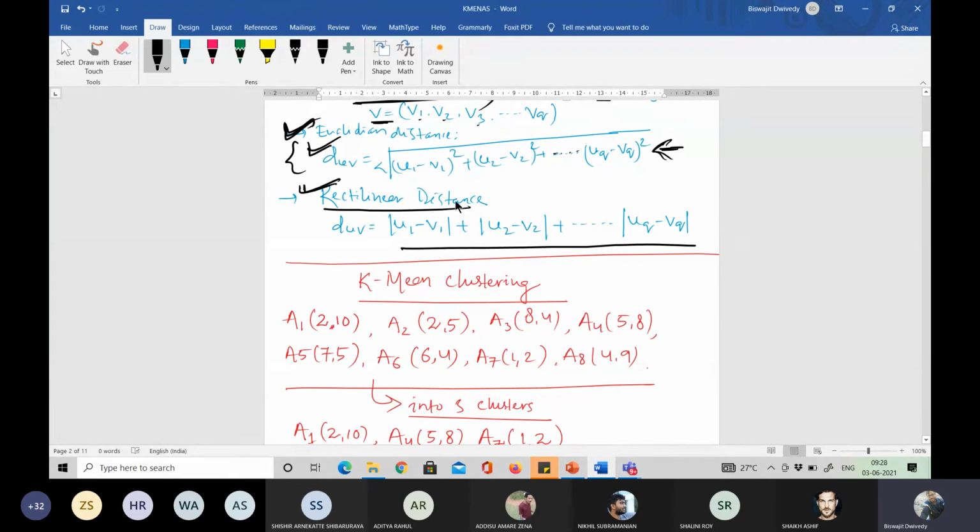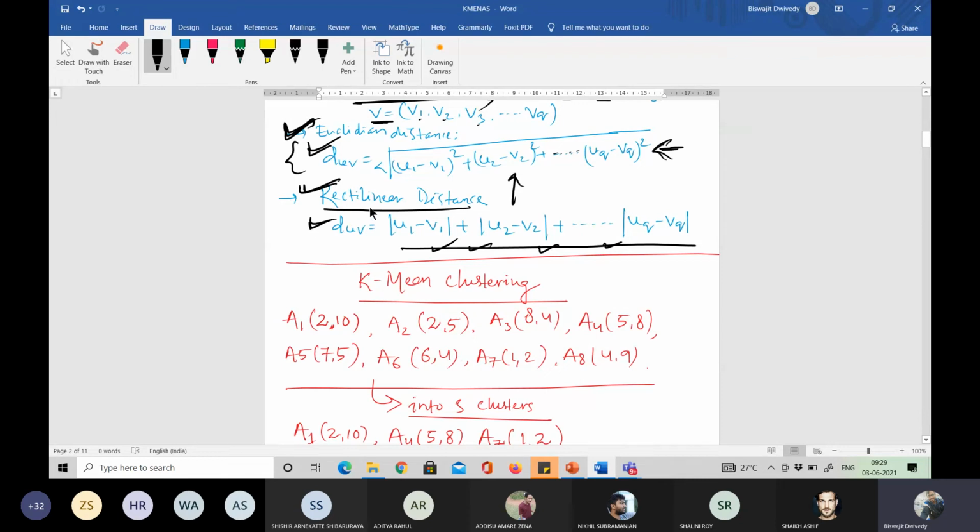Okay, so we just have to find the absolute differences and take their sum. Basically, to avoid squaring these terms and taking the square root, we are simply adding the absolute distances. So sometimes in programming this technique is also used.